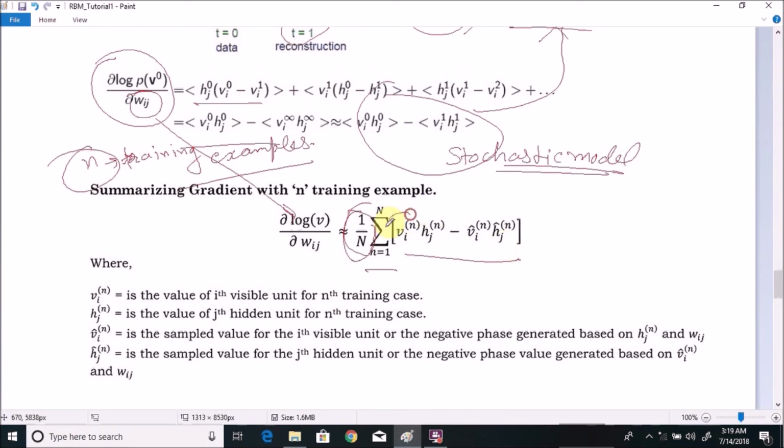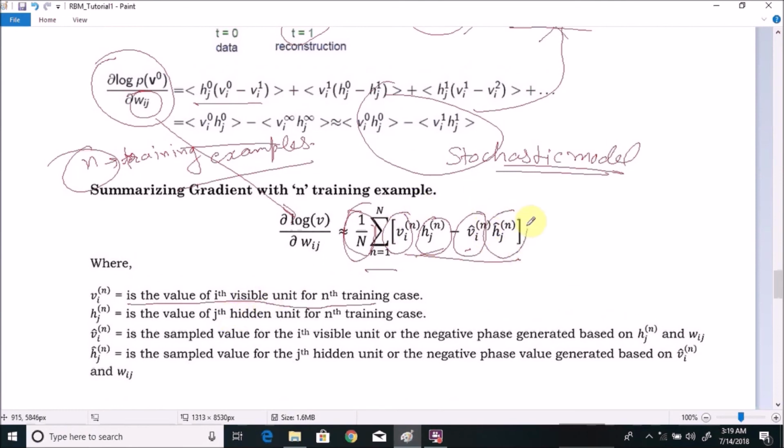Here vi^n is the value of the ith visible unit for the nth training case, and hj^n is the value of the jth hidden unit for the nth training case. This is the sampled value of the ith visible unit, or negative phase, generated on hjn and wij.